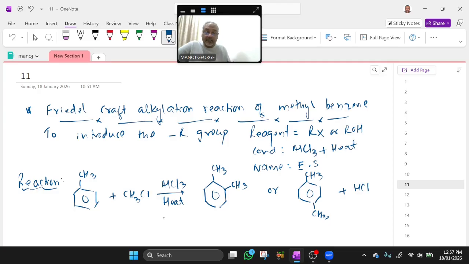So this is 1,2-dimethylbenzene. For your entrance exam, I'm not sure, but it probably is called xylene. You can check that later. That's 1,4-dimethylbenzene. Okay, nice and easy.